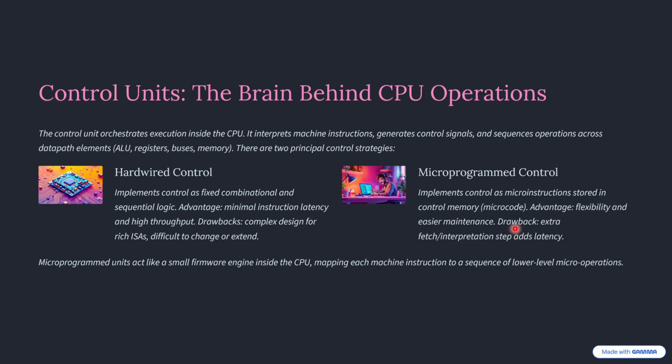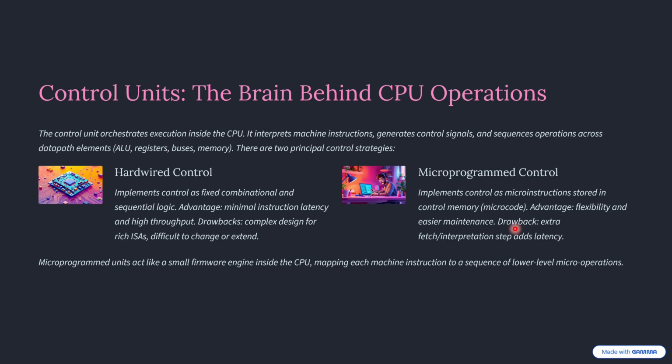Moving towards what it is: the control unit, the brain behind CPU operations. The control unit orchestrates execution inside the CPU. It interprets machine instructions, generates control signals, and sequences operations across datapath elements: ALU, registers, buses, memory. There are two principal control strategies.